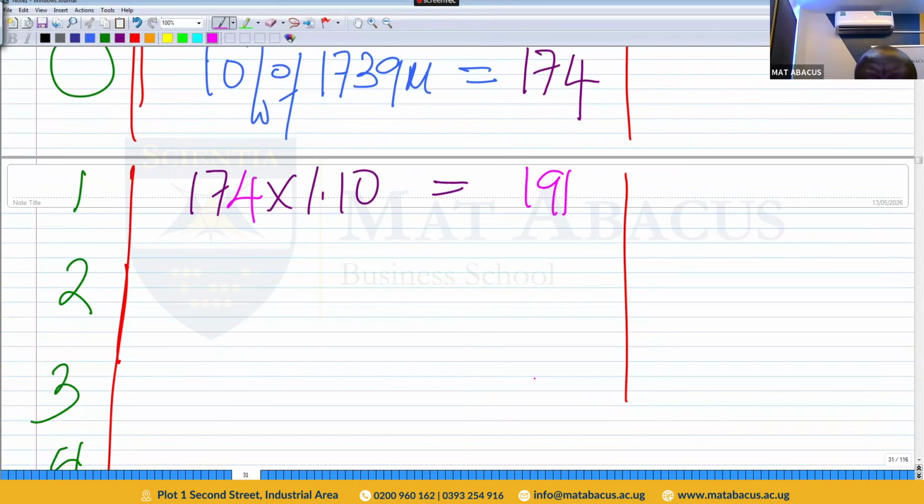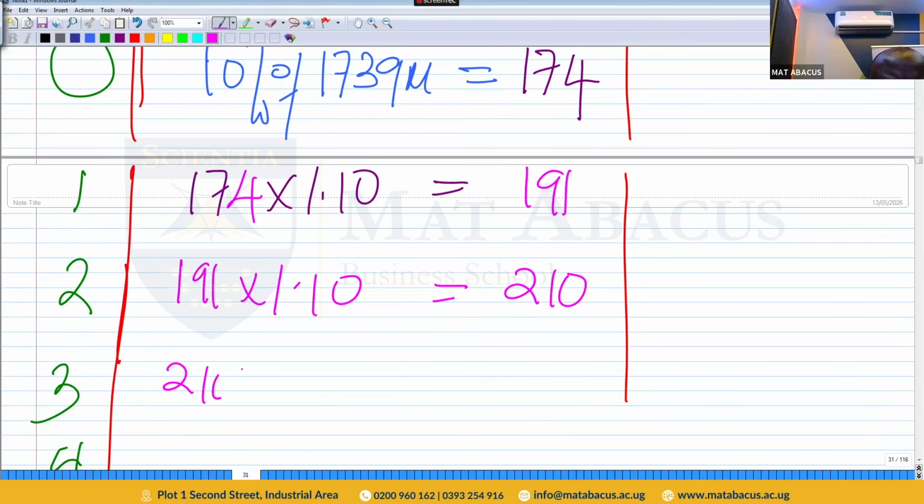The process of increasing continues. 191 times 1.10, you will get 210. And you'll bring your 210 here, increase it by 1.10. When increasing by it, you will get 231.